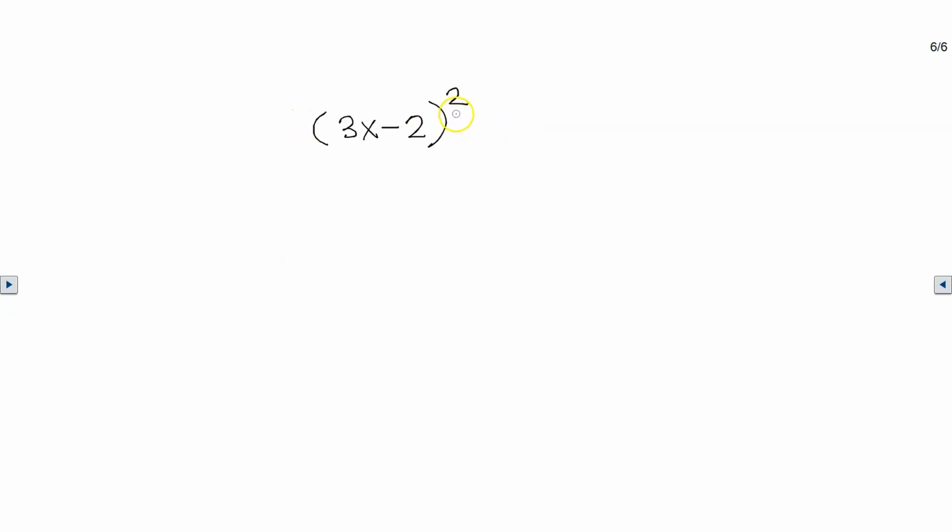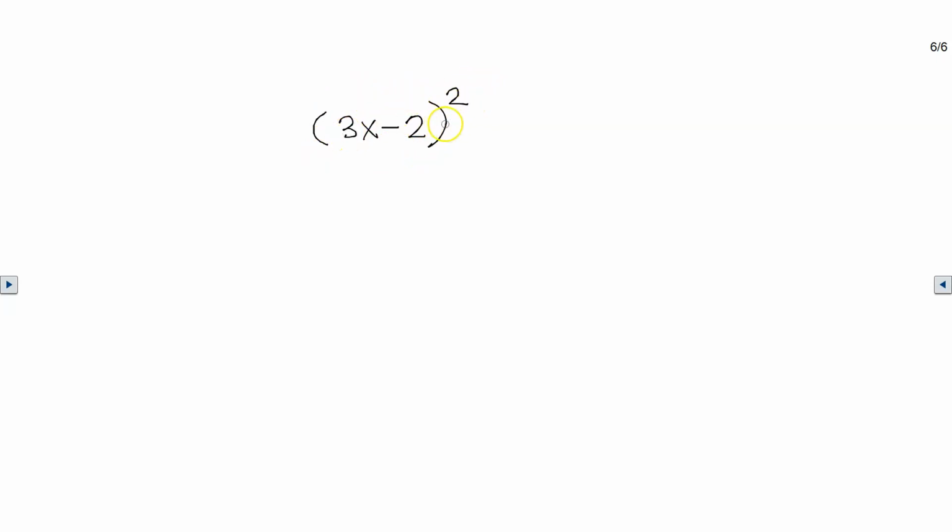You're going to remember that an exponent is repeated multiplication. So this exponent of 2 is telling me that I'm going to repeat something 2 times in a multiplication problem. Now the question is, what am I going to repeat? Well, 3x minus 2 is what I'm raising to the second power.